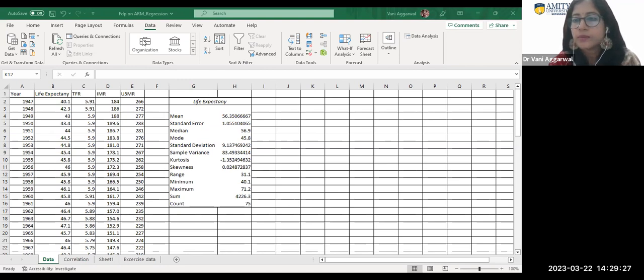Please let me know the average infant mortality rate in India from 1947 to 2021. Yes, so the average infant mortality is 106.